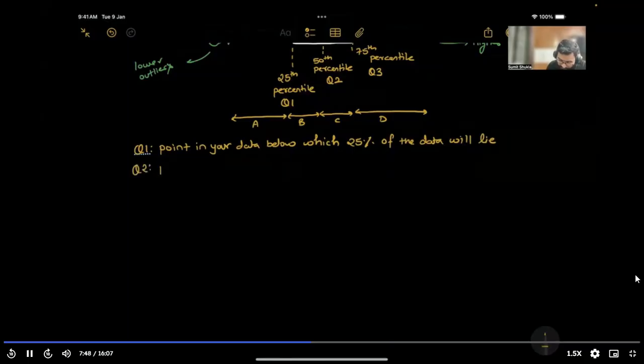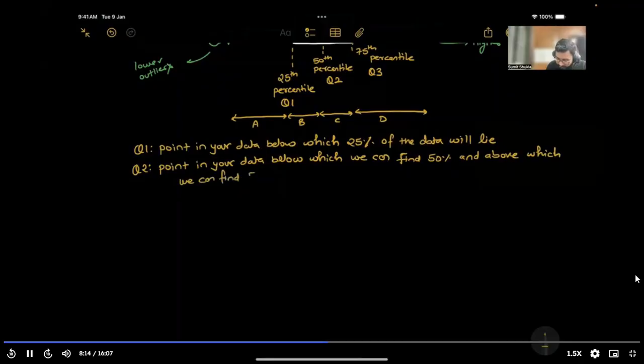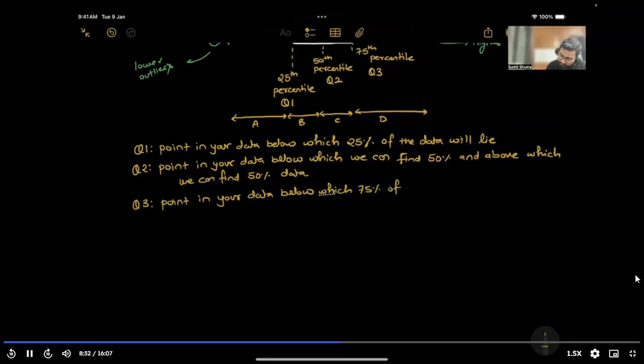Q2 represents the point in your data below which we can find 50% and above which we can find 50% of the data, and Q3 is the point in your data below which 75% of the data will lie, and above that 25% of the data.